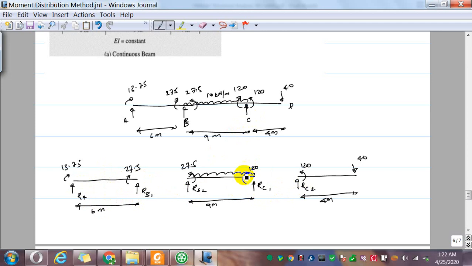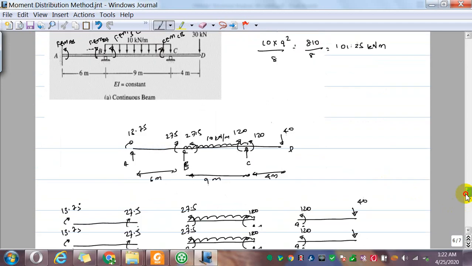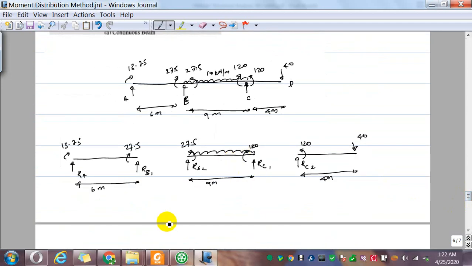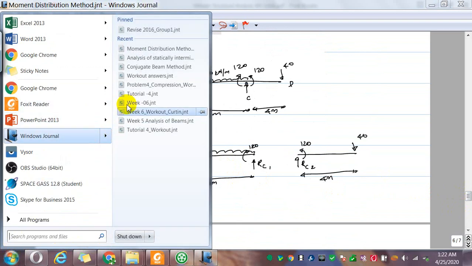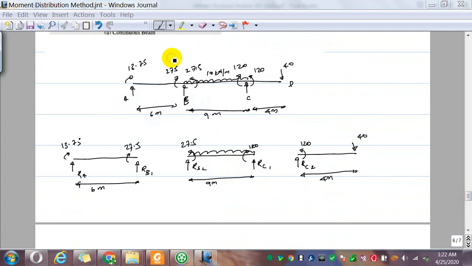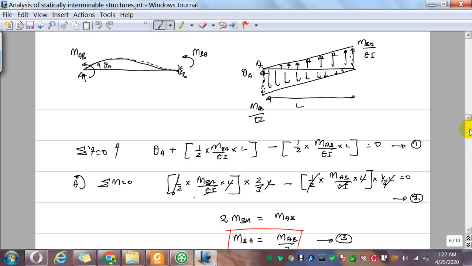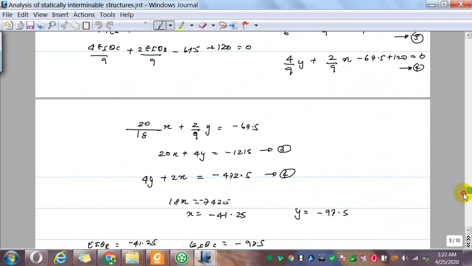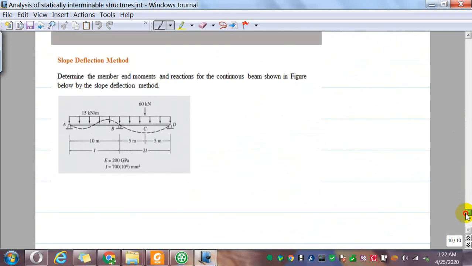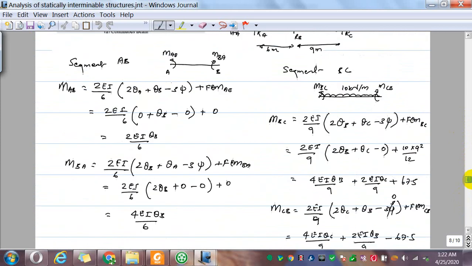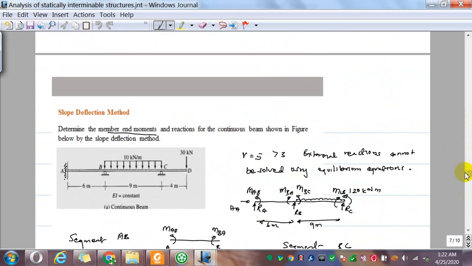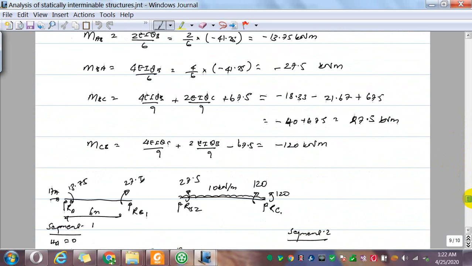Okay, we'll see that in a different example how to merge, or even we can do it on this problem. So now these are the end moments. Now if we go back to the slope deflection equation problem, I hope we did this same problem. So that is this one. Okay, so we should have got the same answer.